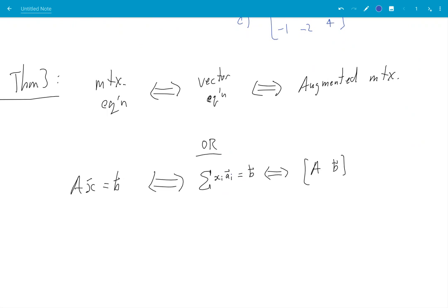So let me just clarify where the matrix A is: the first column is a1, it's a vector. Second column is a2, also a vector, all the way up to n columns. So this is the hardest part, but it's just a vector equation.